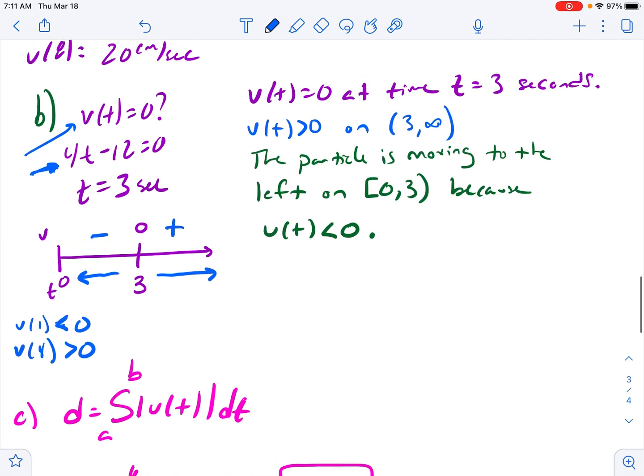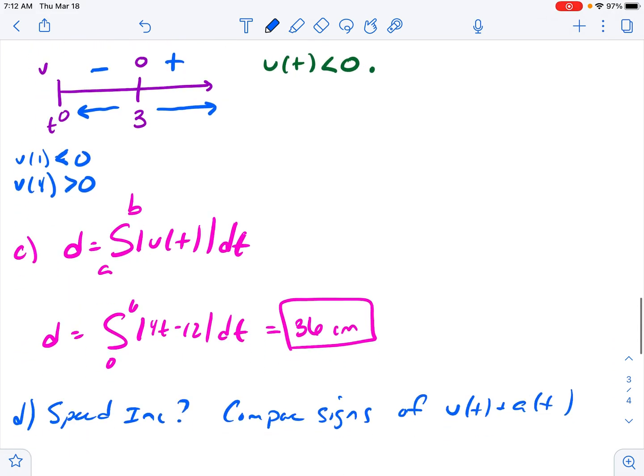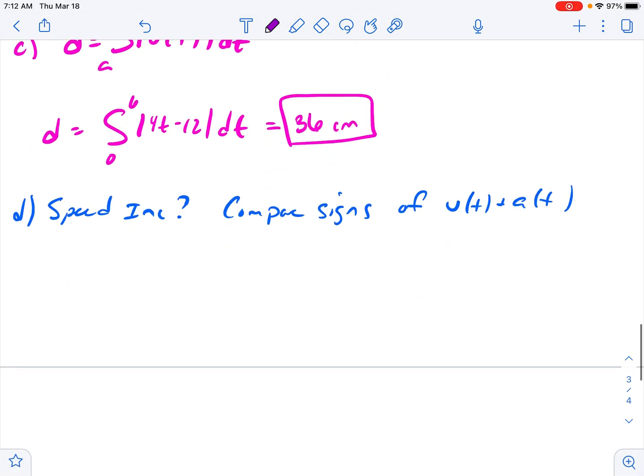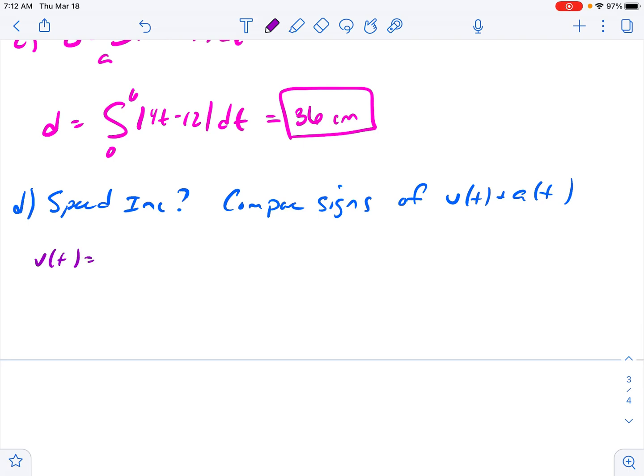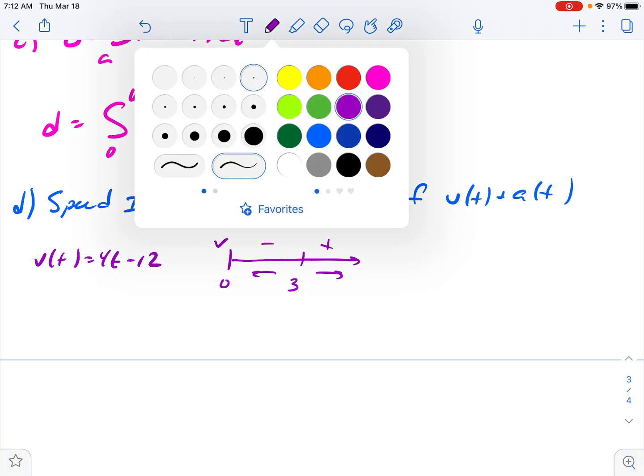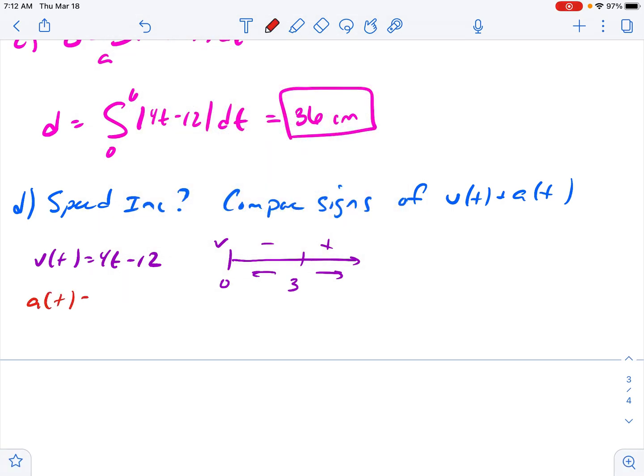Okay. So let's reiterate, velocity was 4t minus 12. And we already have this number line that we've looked at. And taking the derivative of velocity, we get acceleration, which is just the constant 4 here, okay?